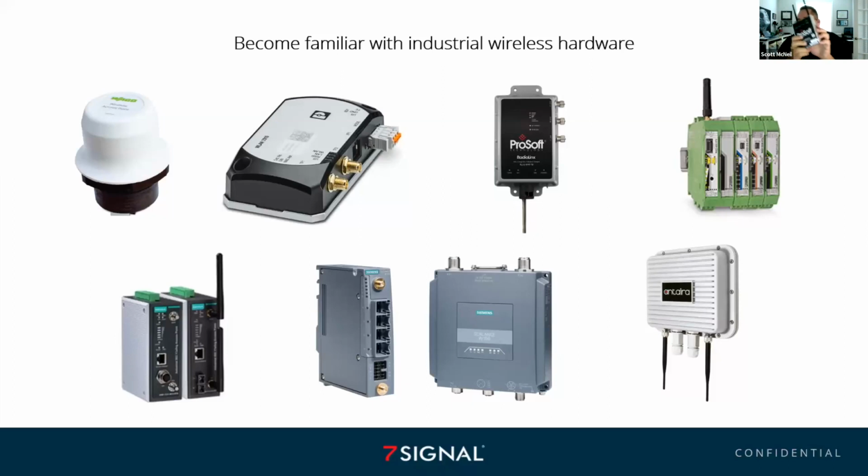This ProSoft can do a lot of what you're familiar with, but even then, it's an 802.11n. This is a very prevalent one you'll see out in the field. But something else you have to take into consideration is how it's powered. Some of these are dual, as far as it can be PoE powered, but a lot of the times it's a DC power supply that's 12 to 24 volts.